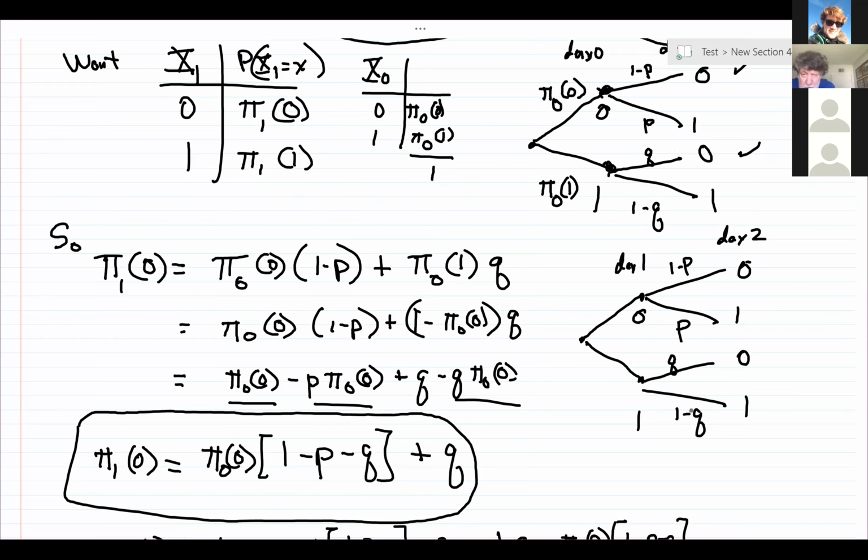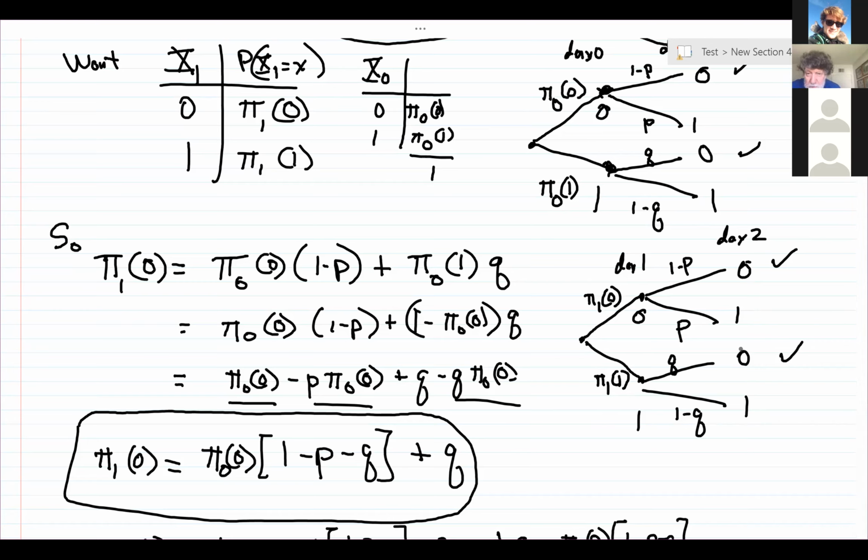The chance on day 1 of being broken is what we just figured out. Day 1 being broken is that. And on day 1, working would be that. So that's how the tree looks. And if you're trying to figure out being broken on day 2, then you're either going down this path or this path. How do I know that? Because you got a 0 there on day 2. So there are 2 ways to be broken on day 2.